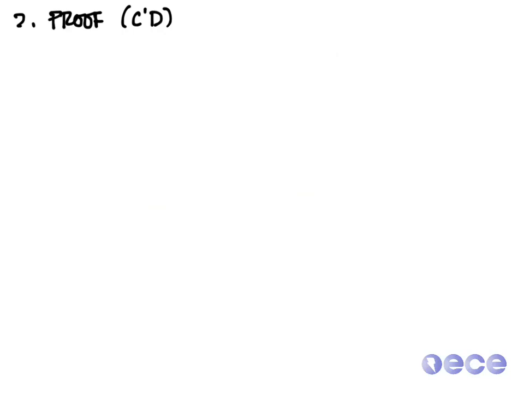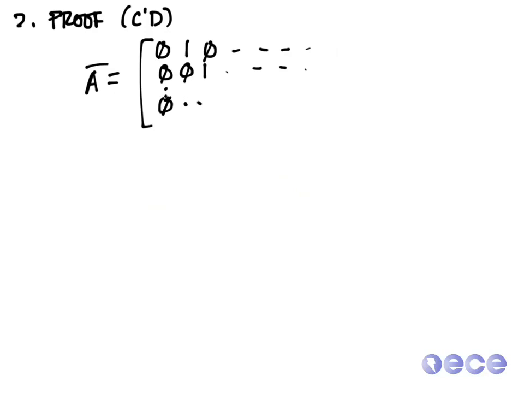So in this proof, once we have a controllable canonical form, we can use state feedback to place our closed loop poles anywhere we'd like. So let's remind ourselves that we produced some matrix A bar here, which is in controllable canonical form. And then we have minus A0, minus A1, all the way to minus A(n-1) here.